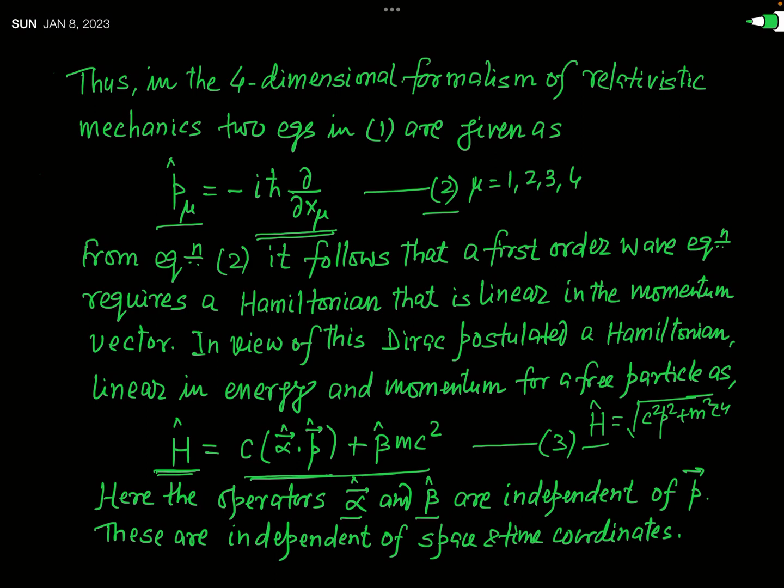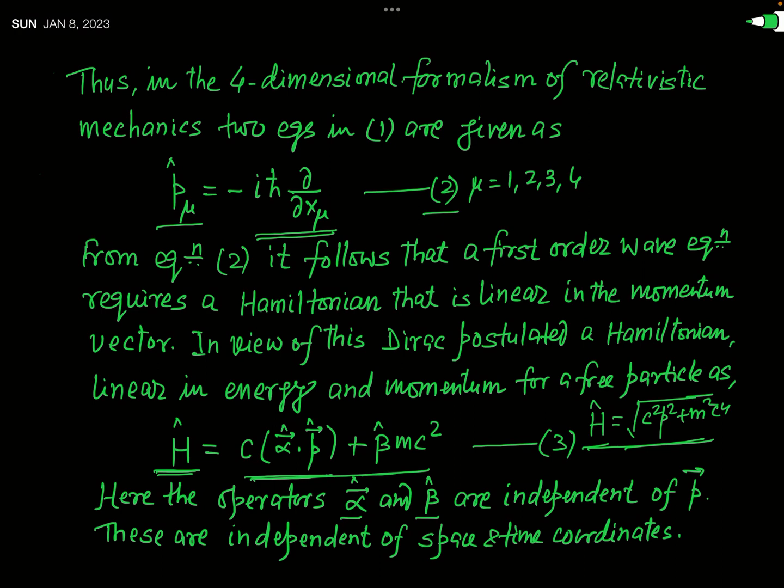But here our aim is to find the first order wave equation, and so in the light of this, Dirac postulated that when we write the quantum mechanical equivalent of this expression for the Hamiltonian, particularly in view that the Hamiltonian should be a linear function of p, then he assumed that the Hamiltonian can be expressed like this: c times alpha dot p plus beta m c square.